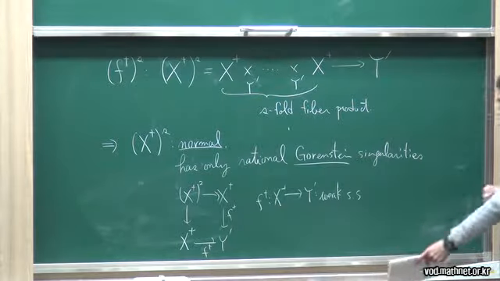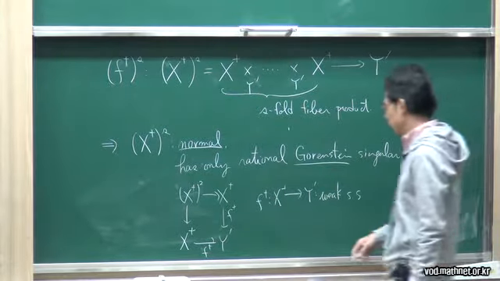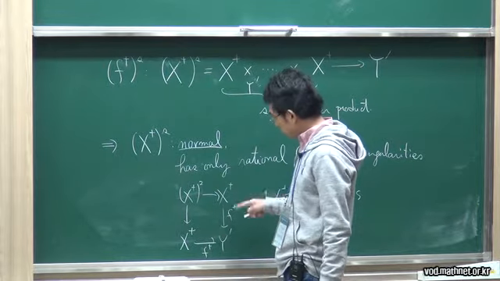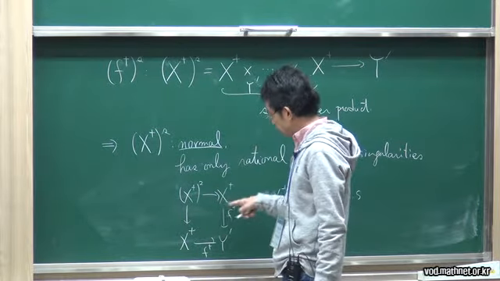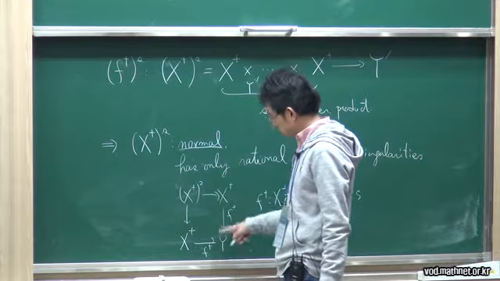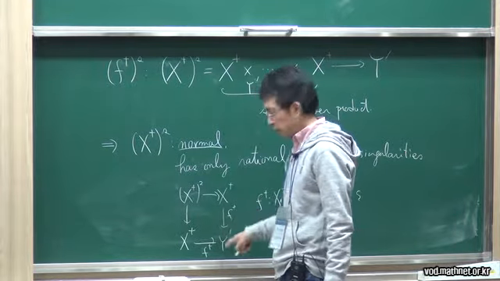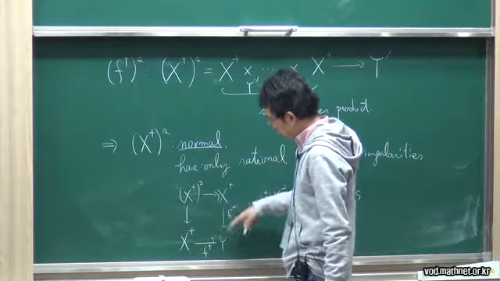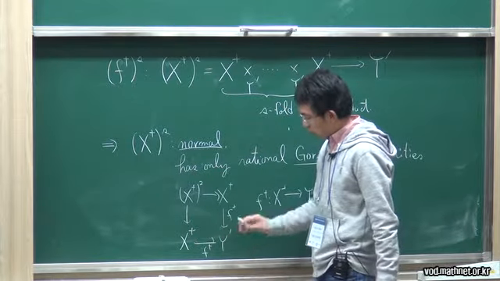And one more. Local analytically, these are isomorphic to toric varieties, and this map and this map are toric, local analytically.